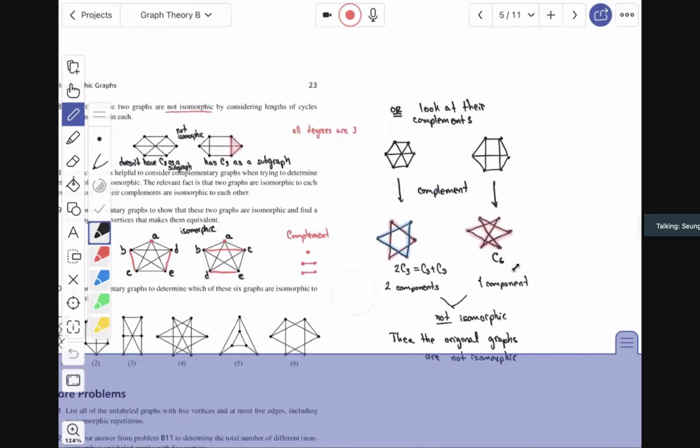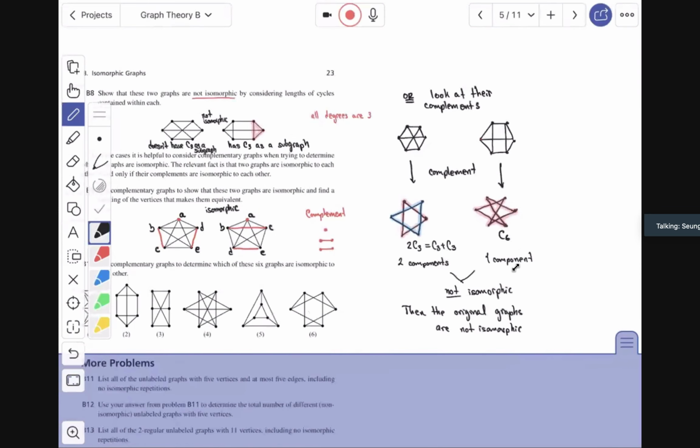So that's how we conclude they cannot be isomorphic, and the original graphs are also not isomorphic. Is that how we? Not isomorphic, right? Yeah. So are those all the cases that we're looking at to determine that it's not isomorphic?